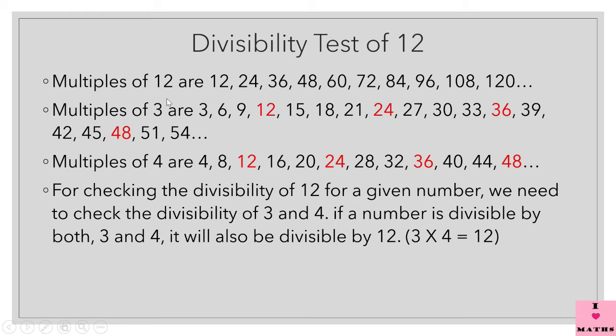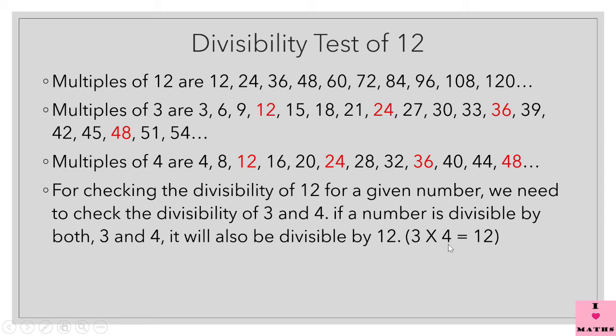Now, you must be wondering why only 3 fours are 12. After all, 2 sixes are also 12. So children, here I want to tell you, 3 and 4 have another unique property, and that is 3 and 4 are co-prime numbers.